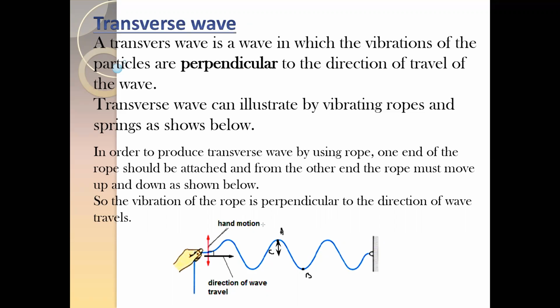And the distance between the two successive crests, yes, that's right, it's known as a wavelength. So these are the things related to the transverse wave. You should know the labels, and the direction of the vibration of the particle is 90 degrees, or perpendicular, to the direction of the wave.